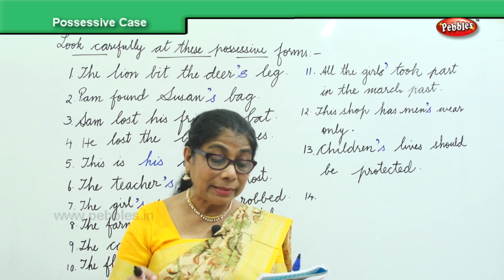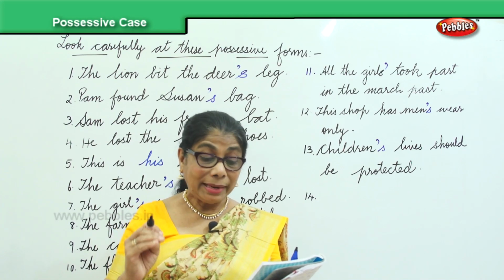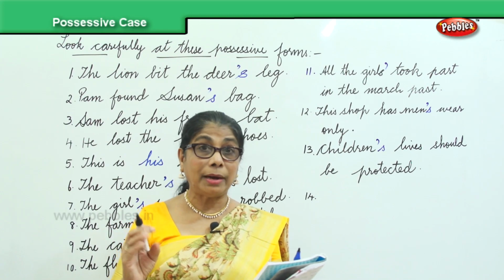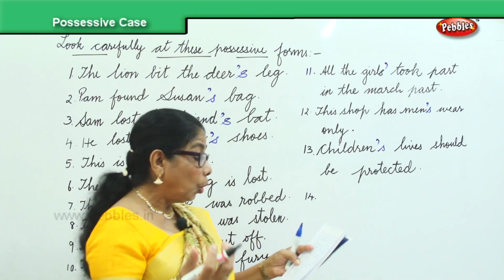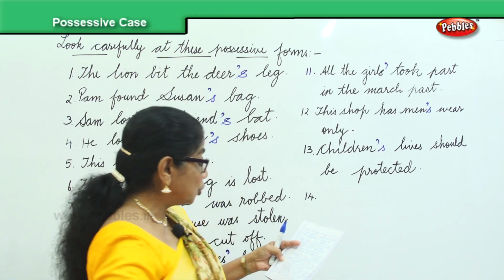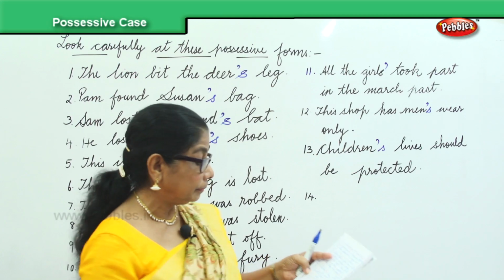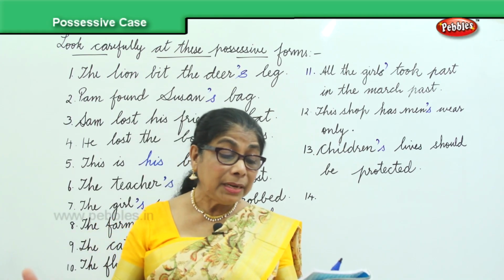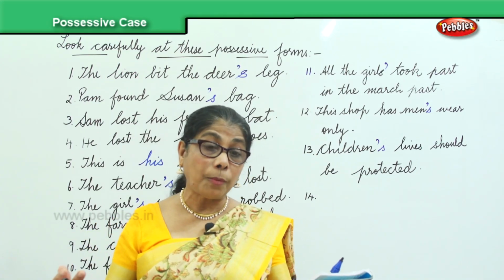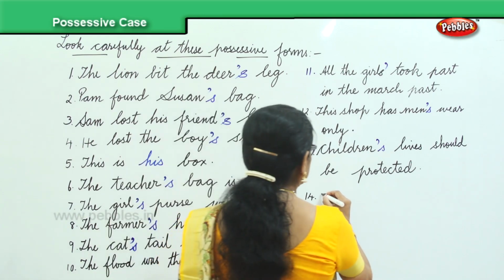All the women in the village took part. So all the women in the village took part in the march. Then the farmers' crop failed. Whose crop failed? The farmers.